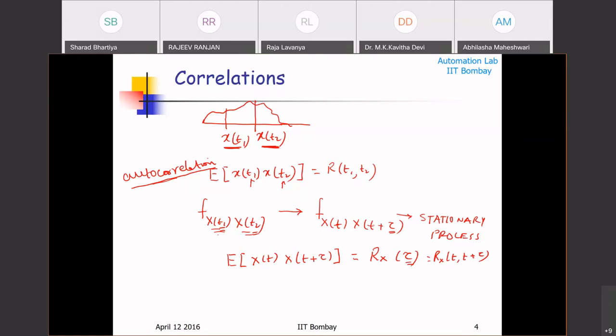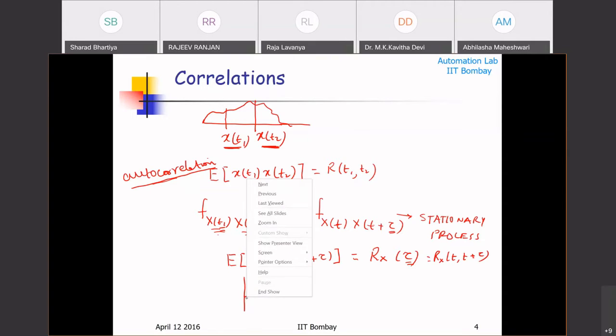Physically, it just tells you how the variable value now is correlated with the variable value tau seconds before or tau seconds later. If it is a slow process, it has a lot of memory. Let me give you an example.